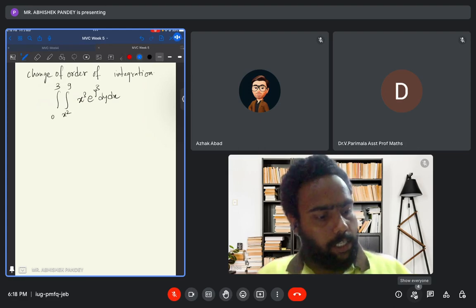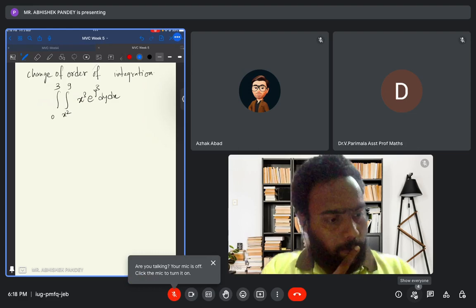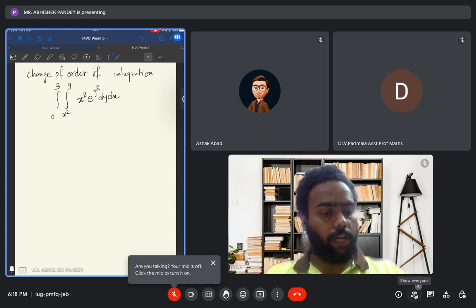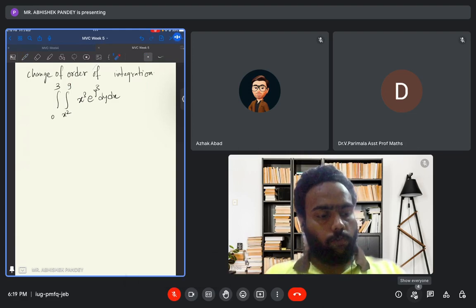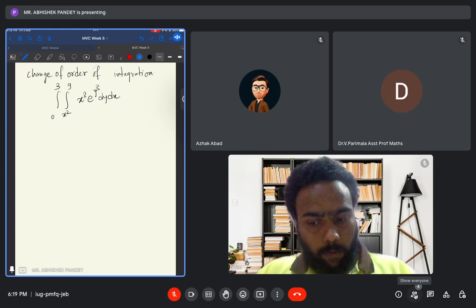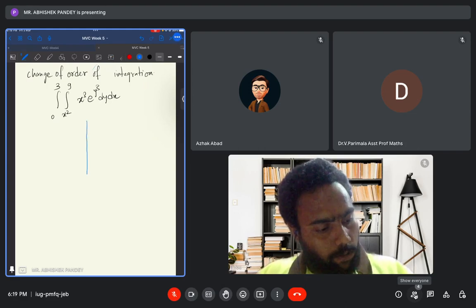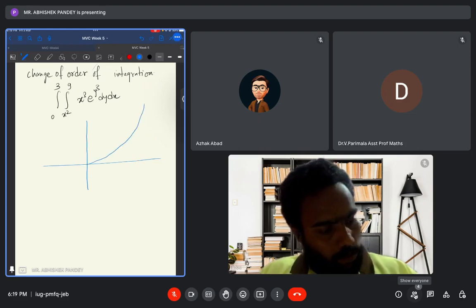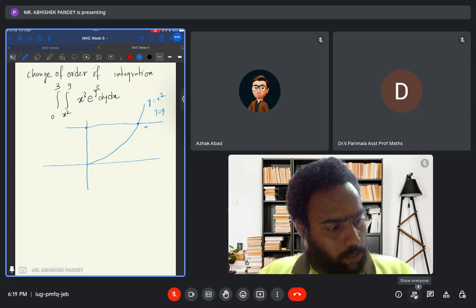In this example, this is the range of y: y is from x squared to 9, and x is from 0 to 3. If we draw this, this is y equals x squared, and this is y equals 9. This point is (3, 9).